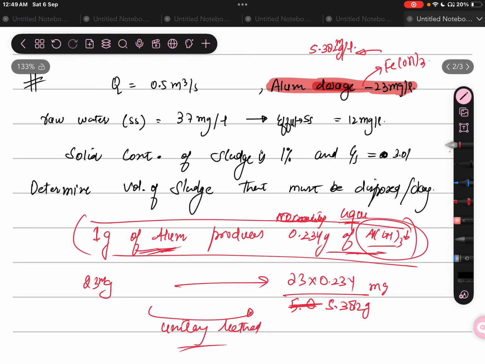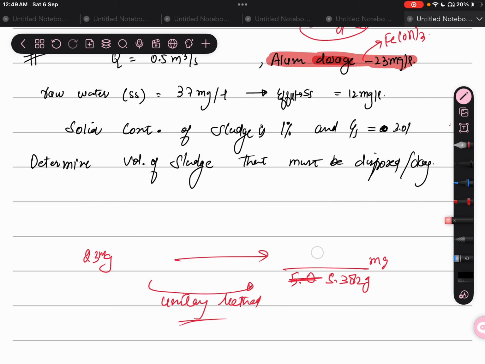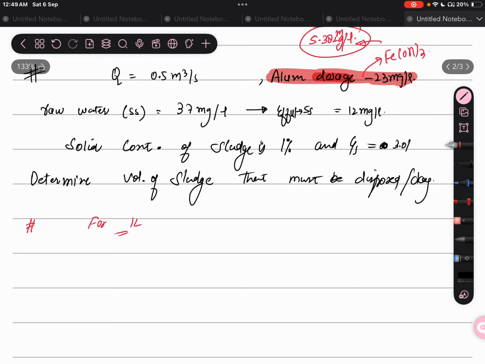So now we got this information. We'll calculate for 1 liter first. For 1 liter, 5.382 milligrams will settle, which will come from this alum dosage.